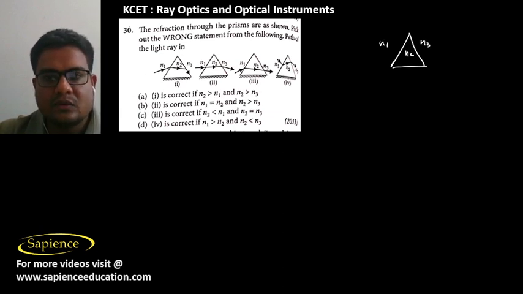So if n2 is greater than n1, it will bend towards the normal, and n3 is less than n2, then it will bend away from the normal.